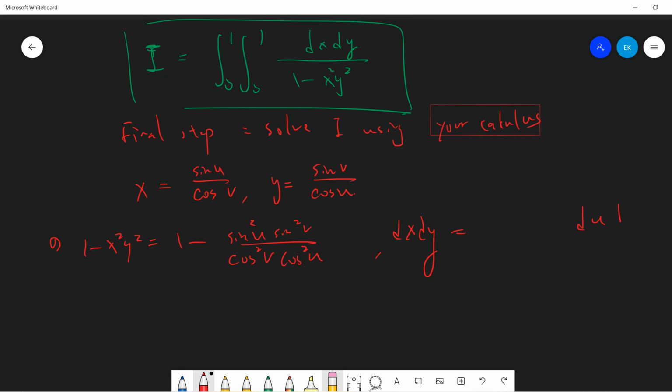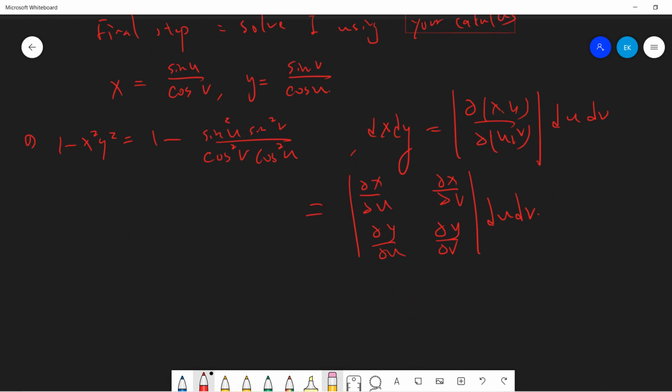So it becomes du dv times the determinant of partial (x, y) over partial (u, v): partial x partial u, partial x partial v, partial y partial u, partial y partial v, du dv.